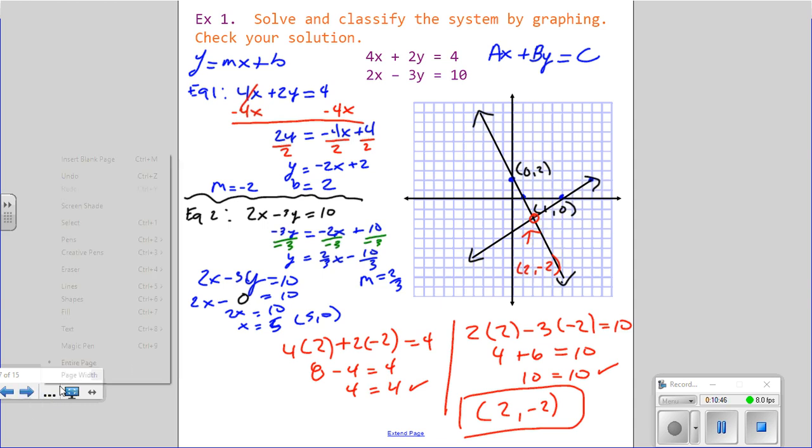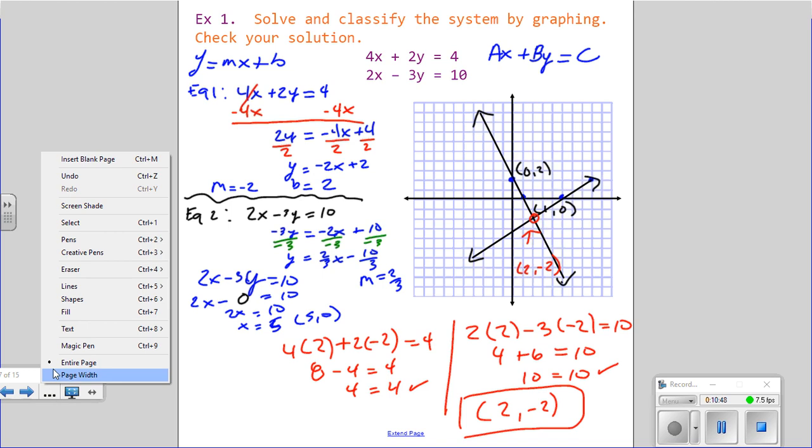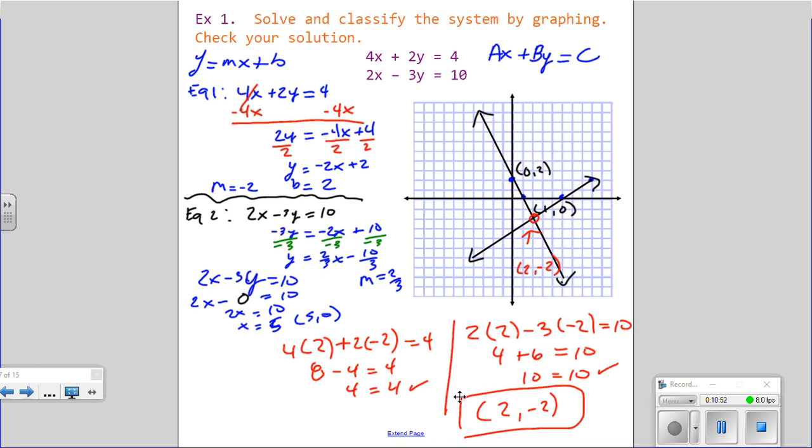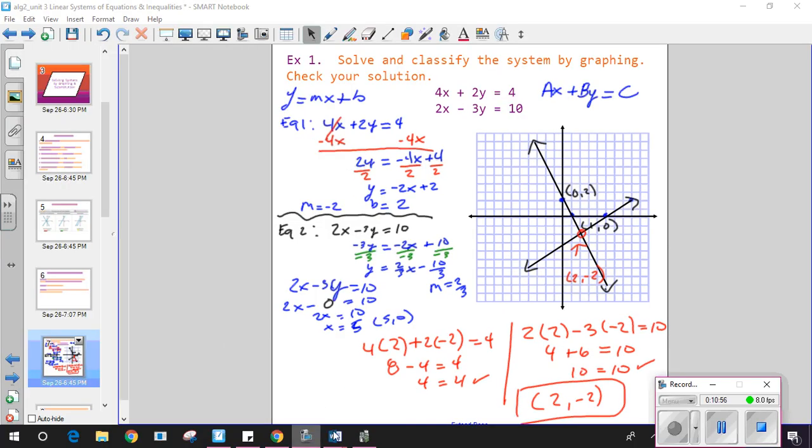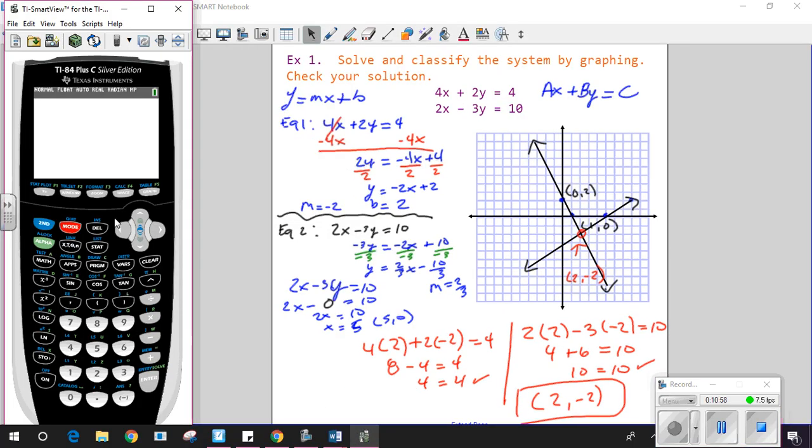Now let me demonstrate this in the calculator. So again, in order to use the calculator, you have to put the equations in slope-intercept form first, and then go to y equals and type the equations in slope-intercept form.